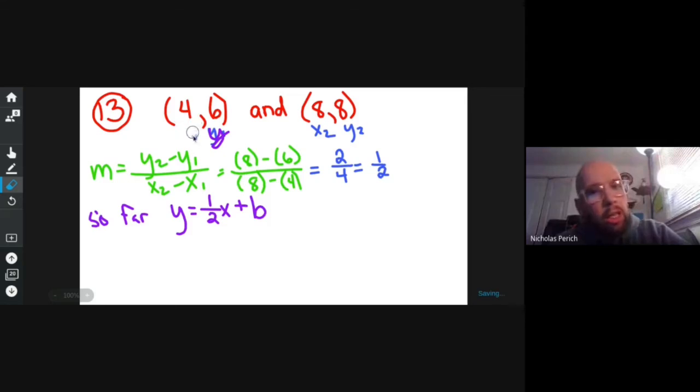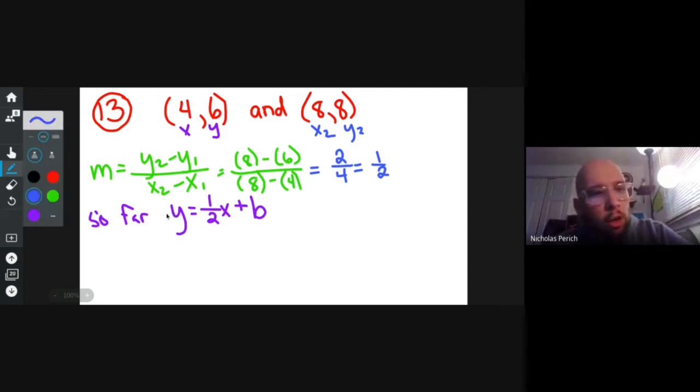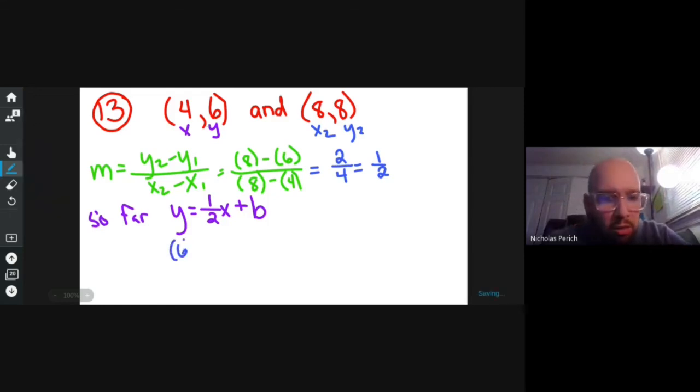Okay, so let me erase that because that looks awful. So I'm going to relabel that x and y. And I plug those new points into that equation. So instead of y, I now have 6. So 6 equals, and instead of m, I have 1/2. 1/2 is still 1/2, my fault.